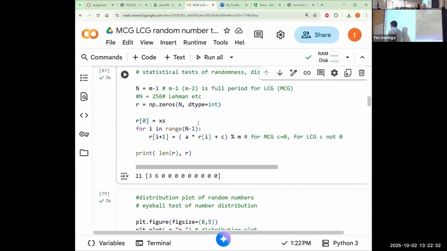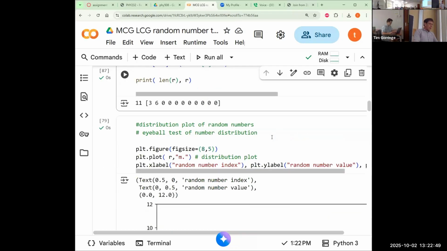The random number sequence is 3, 6, and then a whole bunch of zeros. So that's a case that doesn't work very well, but it illustrates my code for calculating random numbers.